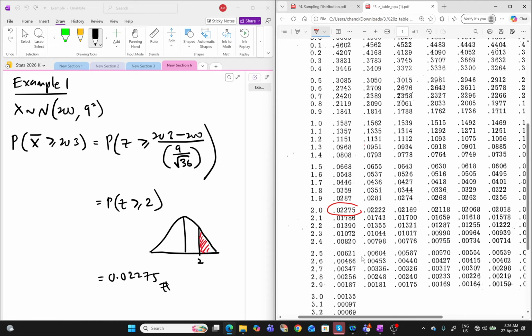Now take out a paper, A4 paper. Okay, write your name, metric number, section, date.